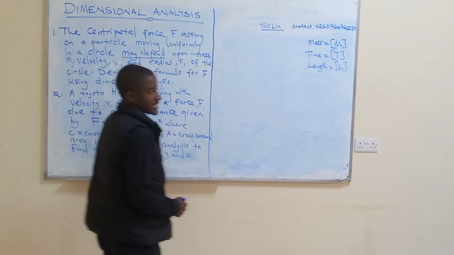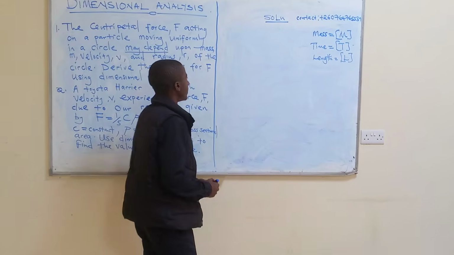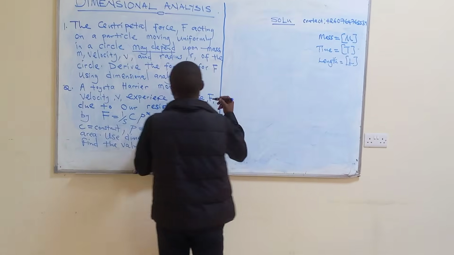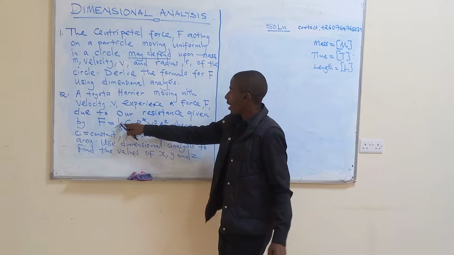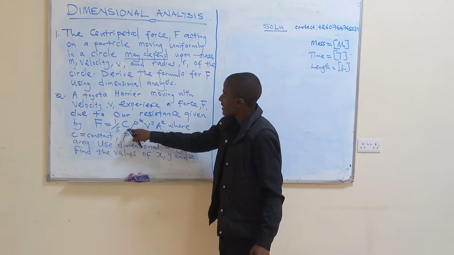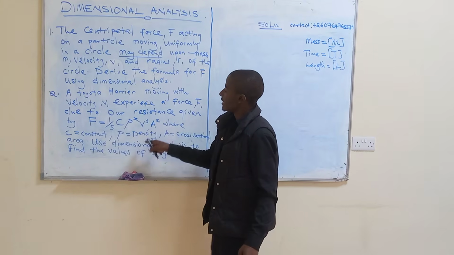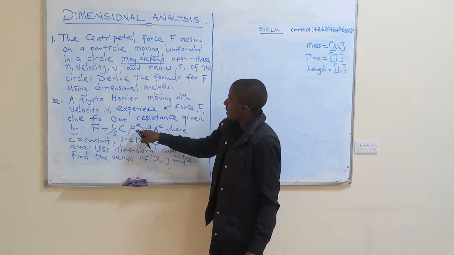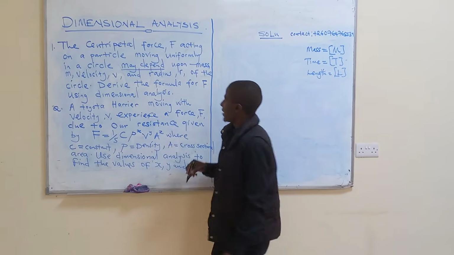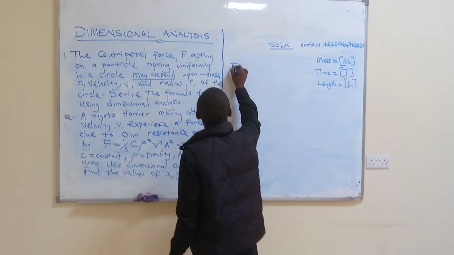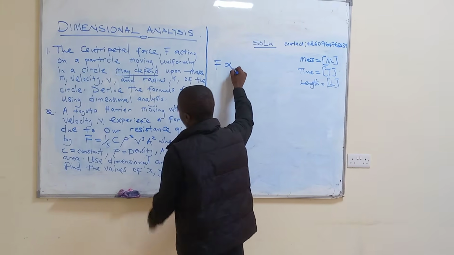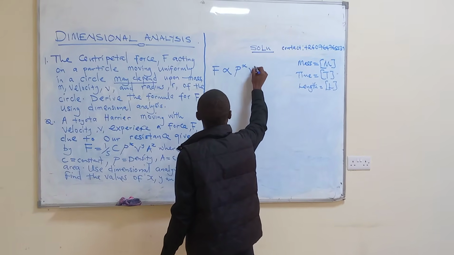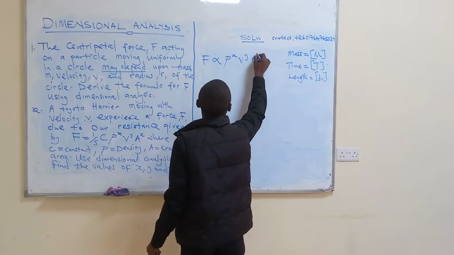So, like I said in part 1, this is the formula. Simply meaning to say we have this formula: F is equal to 1 over 2, and you see these are constants. Simply meaning this F was depending upon what? Density, velocity, and area.